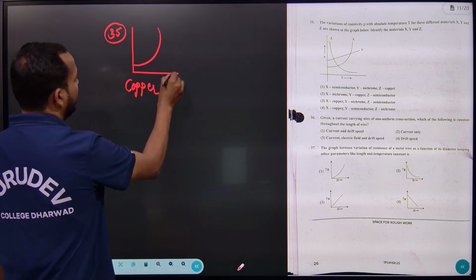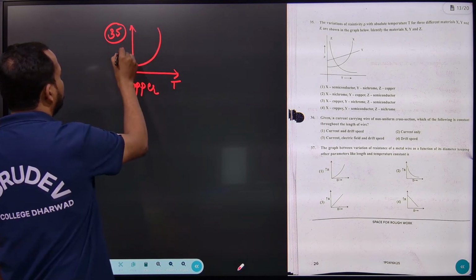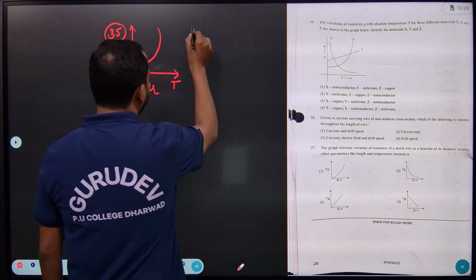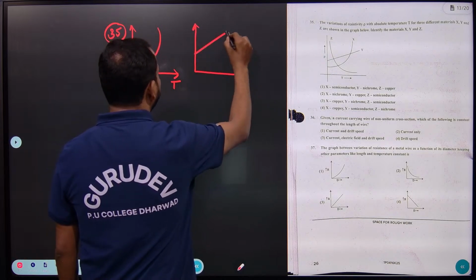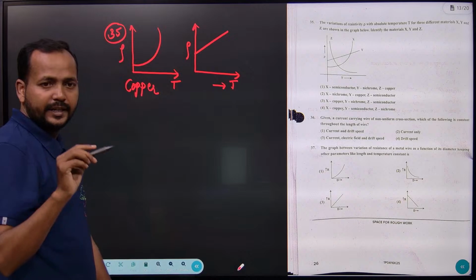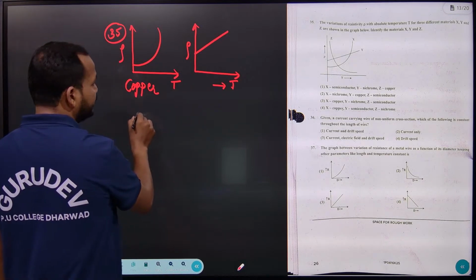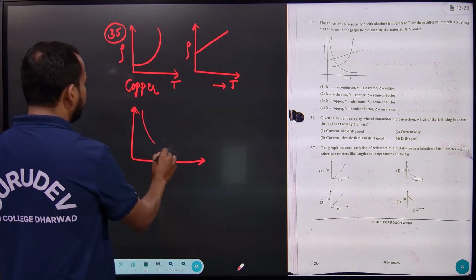So here they have given along the x-axis temperature, along the y-axis resistivity. Correct? Then for conductor, nichrome. For nichrome, it is a straight line. You can go through the NCERT textbook, it was there. Now next, for the third one, definitely it is for semiconductor.